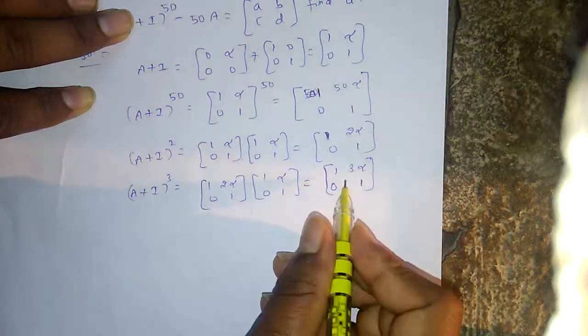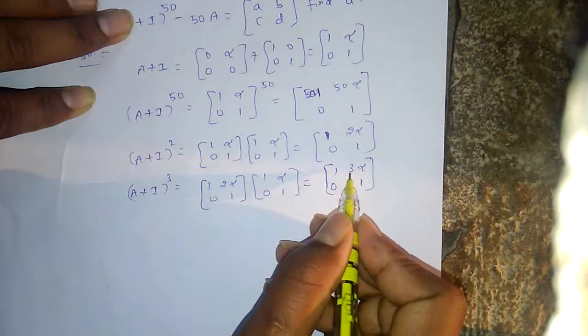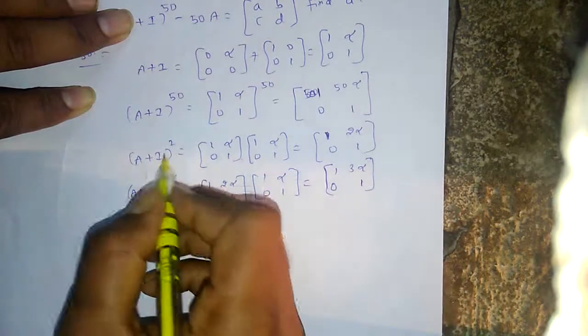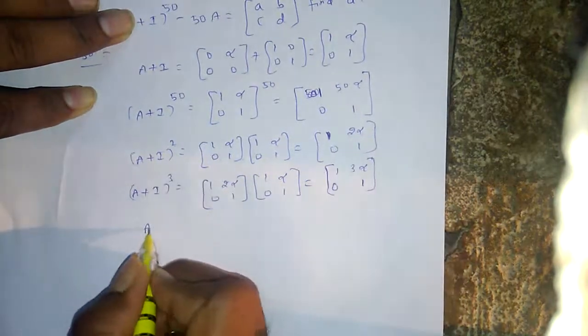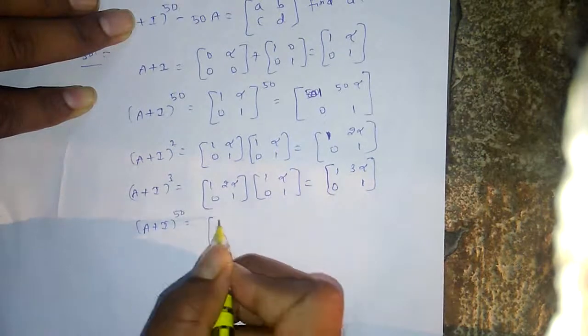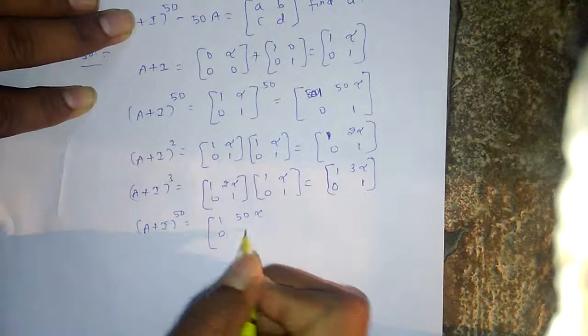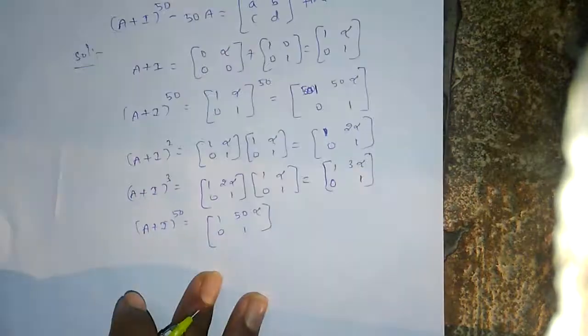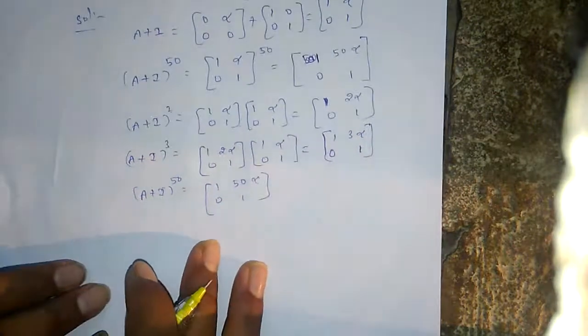If you observe here, for cube you have 3 alpha, for square you have 2 alpha. In the similar manner, (A plus I) power 50, you will get [1, 50 alpha; 0, 1]. So this is done by verification.